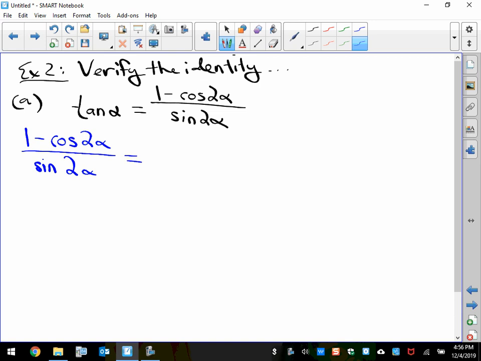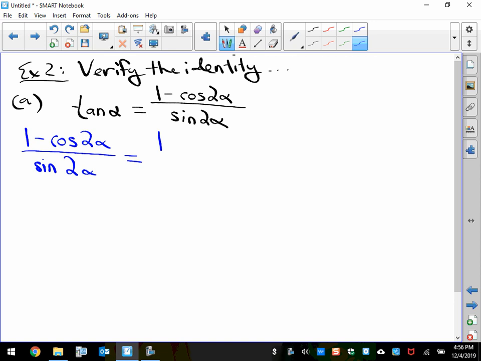There we go. So now the only thing that I can think of to do is to replace using the double angle identity. But the question might be, which double angle identity do I replace with? For cosine, we have 3 to choose from. Well, which one would be the best choice in this case?